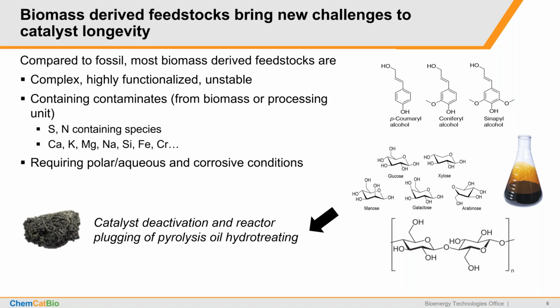Those contaminants can be organic, like sulfur- or nitrogen-containing species, or inorganic, like lots of minerals, as shown over here. A third challenge for biomass-derived feedstock is that it normally contains lots of water or corrosive species like carbonic acid. Basically, this requires our catalyst to work under aqueous phase or corrosive conditions.